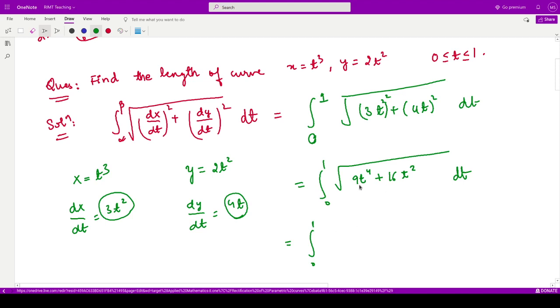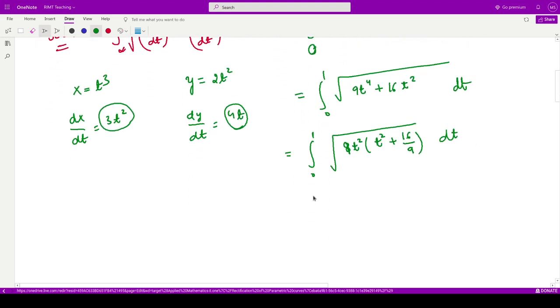You can take 9t square common, so it would be t square plus 16 divided by 9. Now we can take this out of the square root, so it would be integration from 0 to 1 of 3t times the square root of t square plus 16 divided by 9, dt.